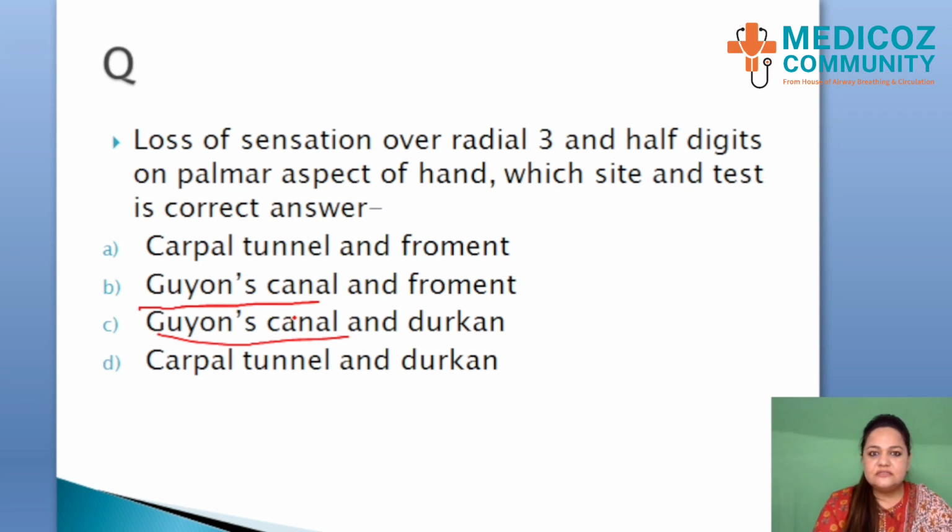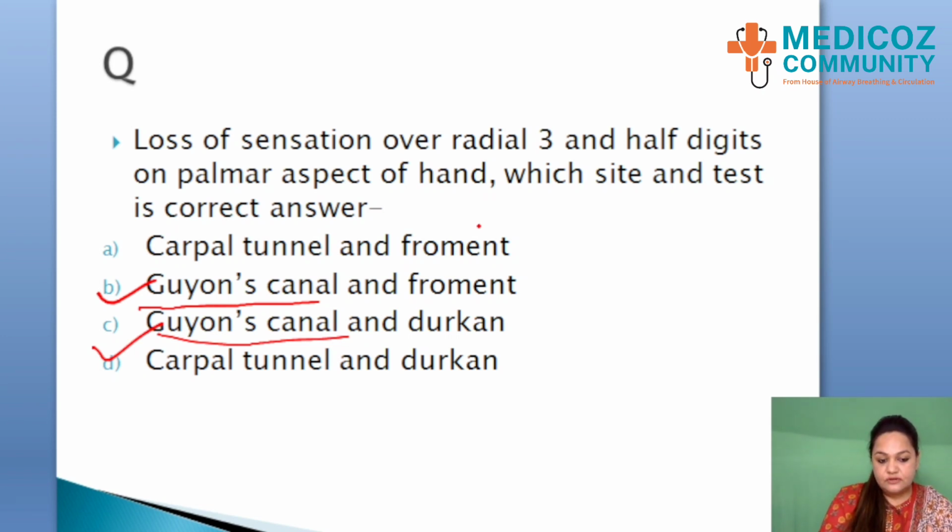Guyon's canal is inferior to the pisohamate ligament, so it cannot be the option here because we are talking about injury to the median nerve. So we will rule out these two options related to Guyon's canal. Now we are left with the carpal tunnel and two tests. Now we need to identify which test is for the median nerve here.